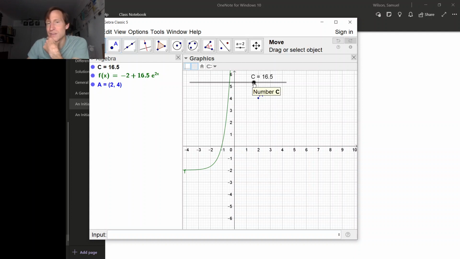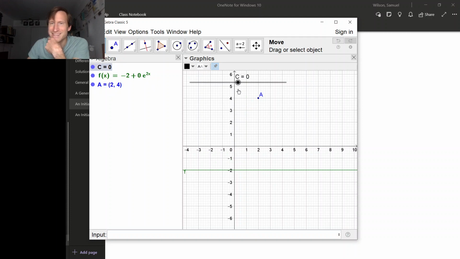If this slider were infinitely precise, I could make this graph land on that point, and then I would know the value of c that I want. But the slider isn't infinitely precise, so somewhere between 0 and a quarter, there is a value for c that will make our solution go through this point.